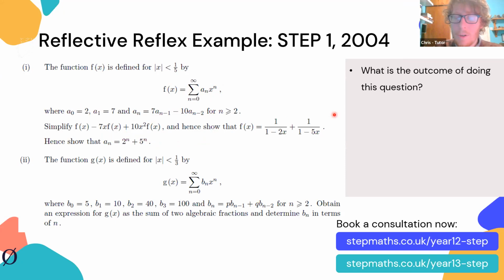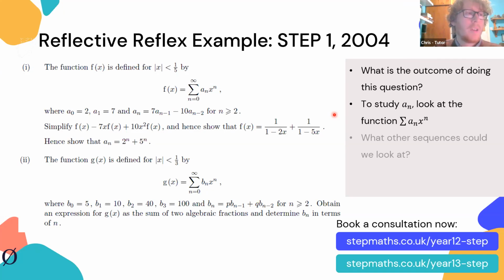Yes. So our conclusion is that we were studying a sequence an, which is given by a recurrence relationship, and we did that via a function, which is the sum of an x to the n. So okay, that's kind of what we learned from the question. And bear in mind, this is the kind of thinking you're doing not while you're in the exam.